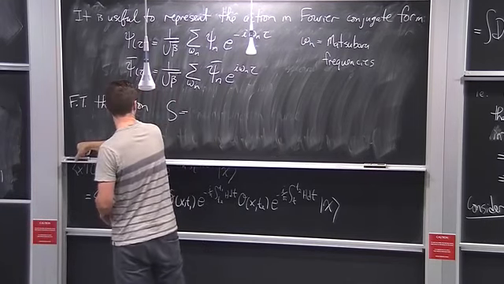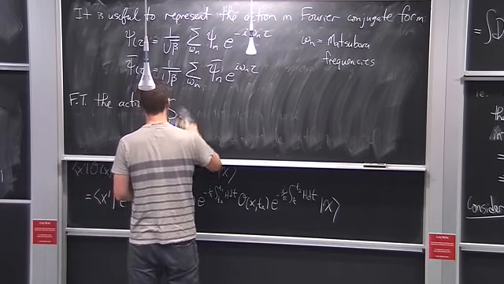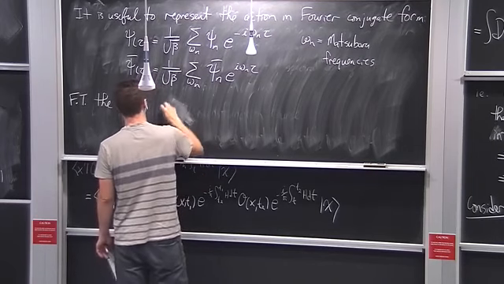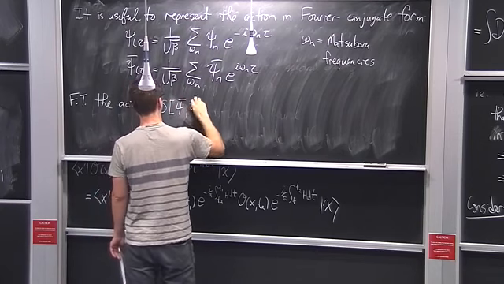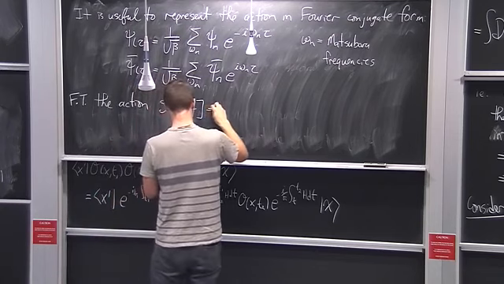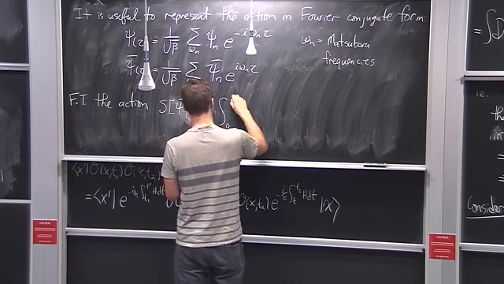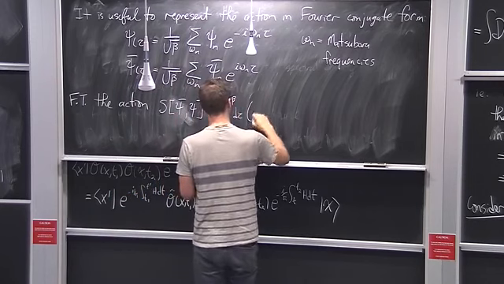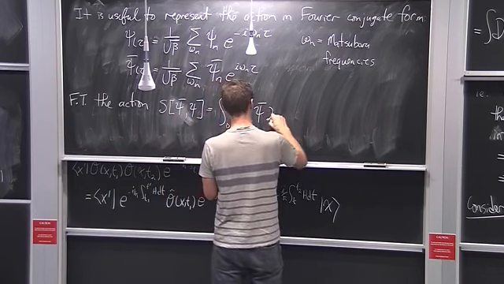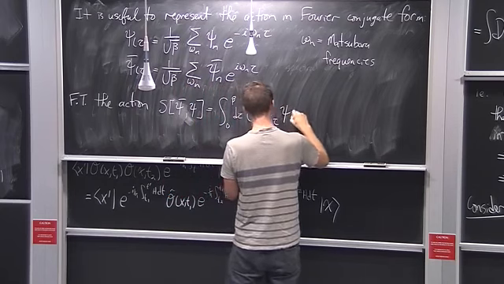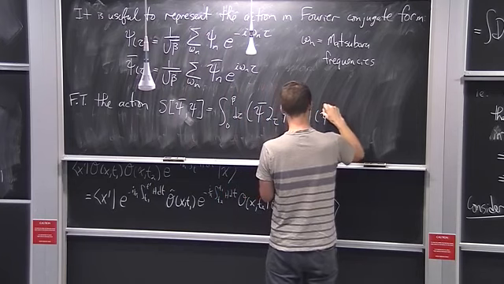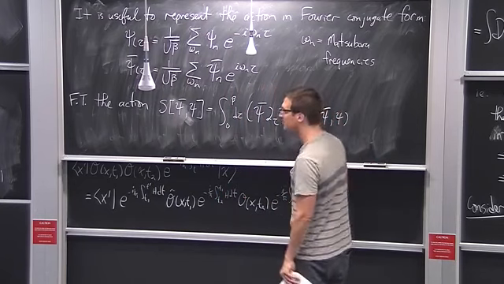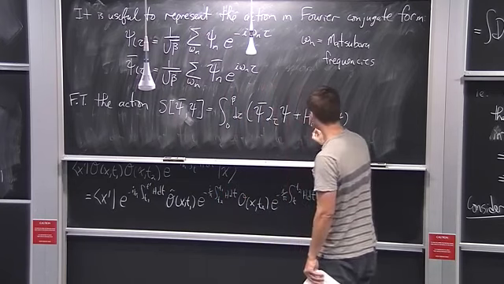So the action, which was something like this, a tau derivative of the field, and I have H naught here, non-interacting.